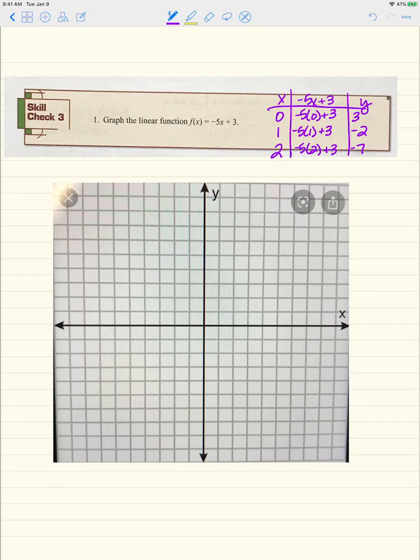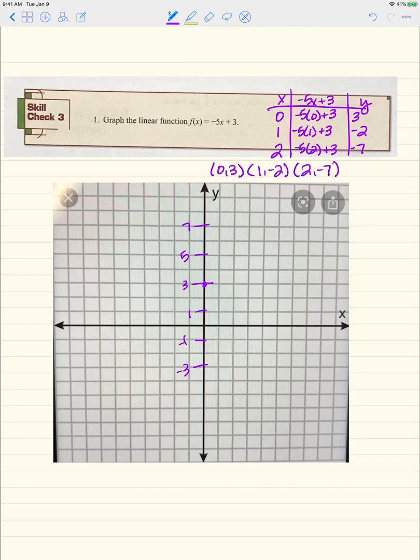So let's see what happens when we plot those. We have 0, 3, 1, negative 2, and 2, negative 7. Just marking some points here.